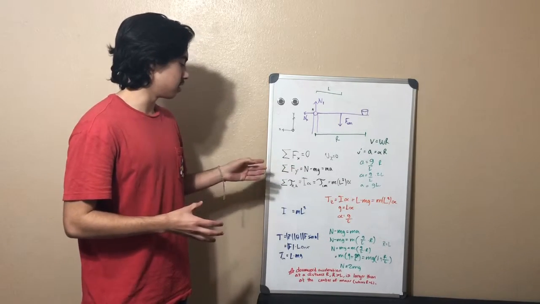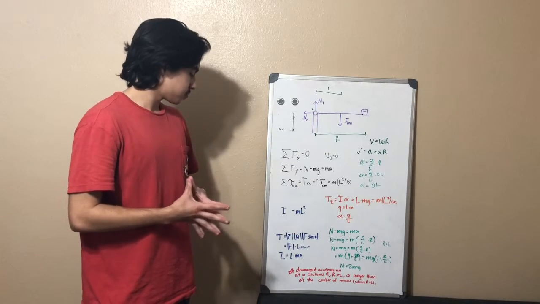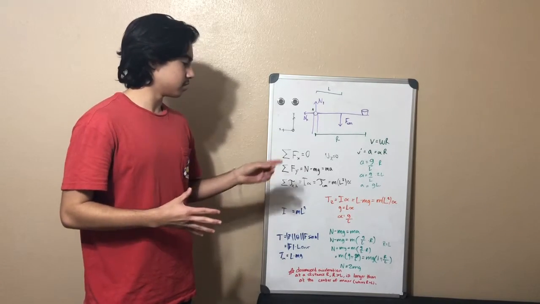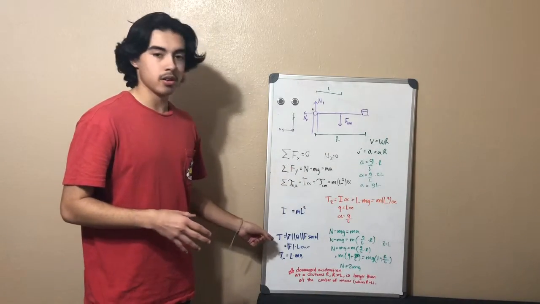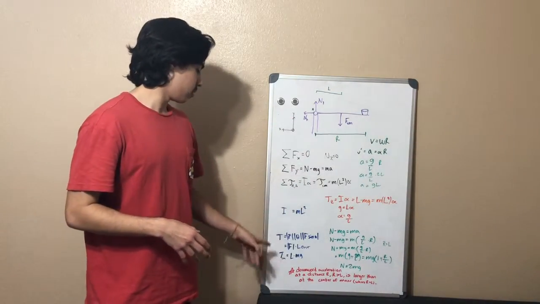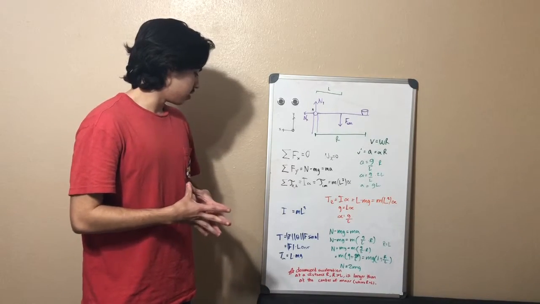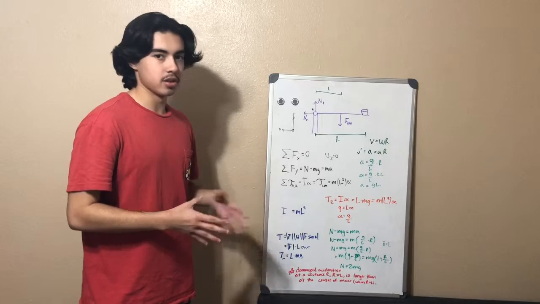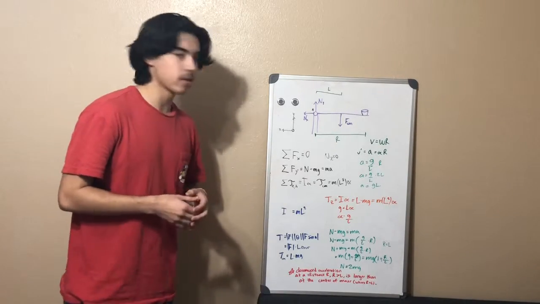Then we have our sum of torques equation equal to I alpha, and we have our torque of the center of mass, which we define down here by our force times the lever arm, which is equal to L times mg. And here we have our moment of inertia equation, which is m times L squared.